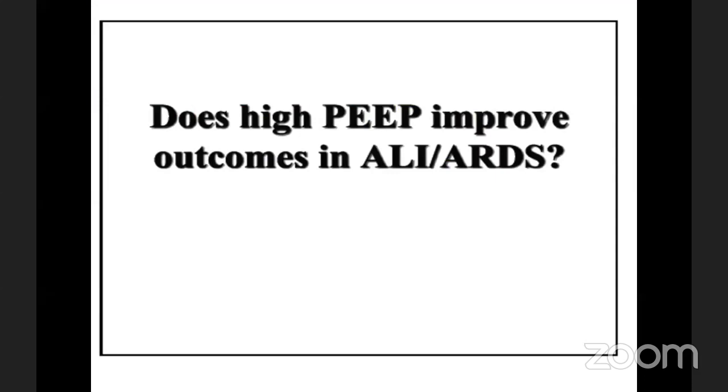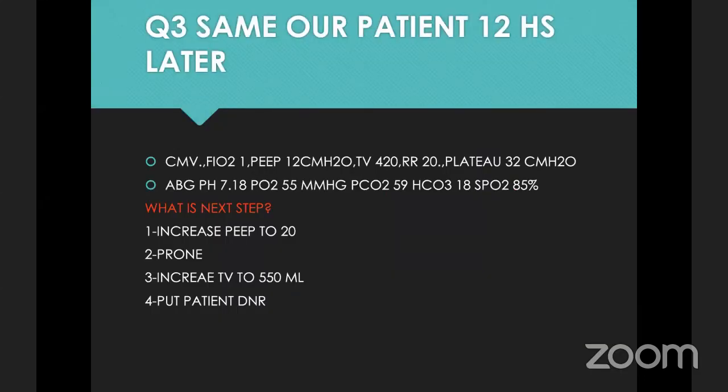So does high PEEP improve the outcome in acute lung injury? It depends. Let's go to this question. This patient is in control mandatory ventilation, volume control. He's on FiO2 100%, PEEP of 12, and tidal volume is 420.